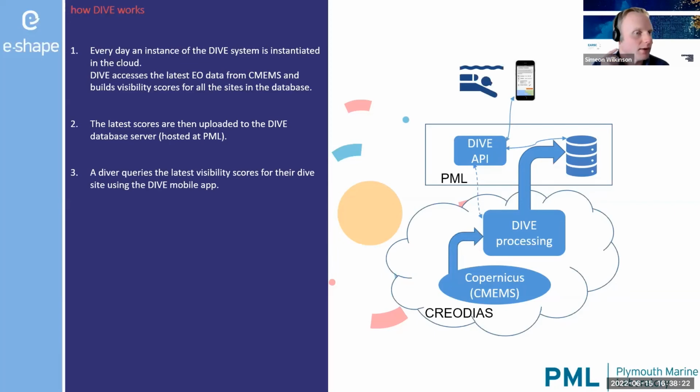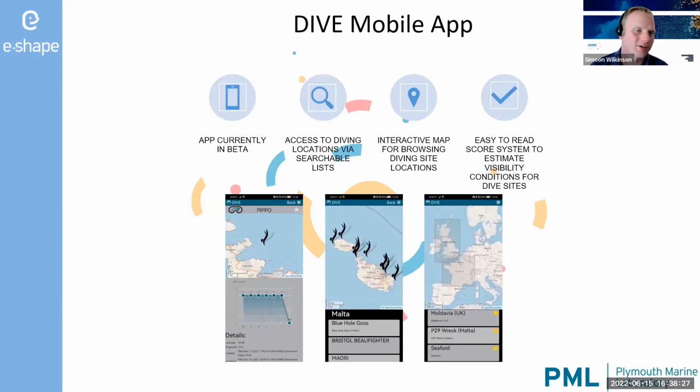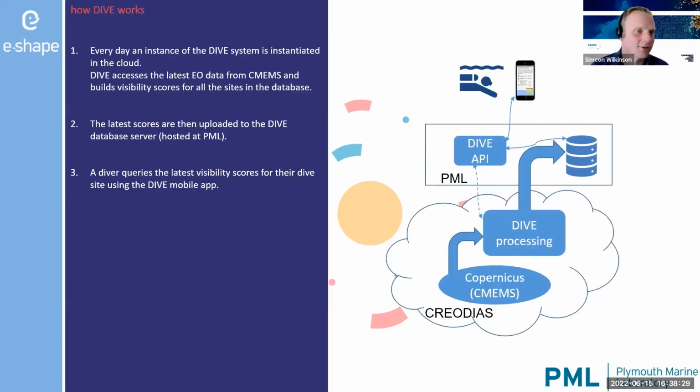Once that happens, the latest scores are uploaded to the Dive database server, which is hosted at PML currently, although we might intend to possibly put that in the cloud in future. A member of the diver community will query the latest visibility scores for their chosen dive site, and they can do this through our mobile app, which we've built. Next slide, please.